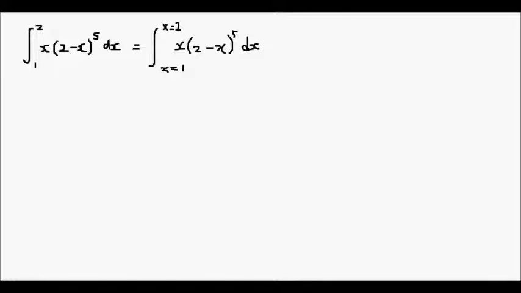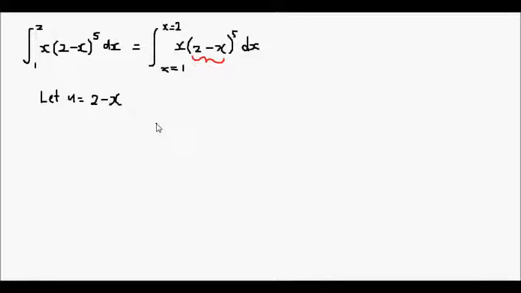So let's choose to substitute u for our expression inside the brackets here. We're going to let u equal 2 minus x, and we're going to transform this from an integration with respect to x to an integration with respect to u.